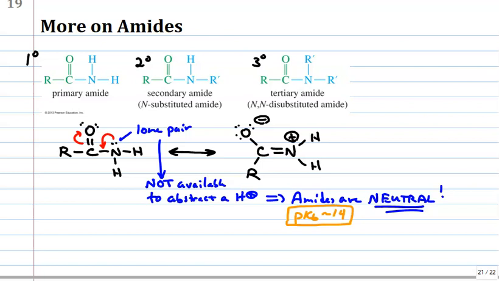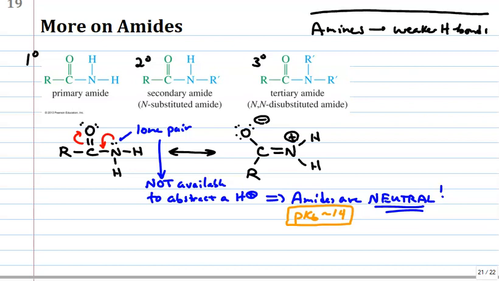That's okay, because they are extra special. They're superheroes of hydrogen bonding. So we've said in the previous class, amines form weaker hydrogen bonds. That's a good take-home message here. Amines form weaker hydrogen bonds.